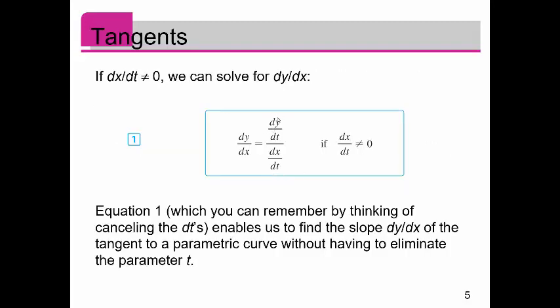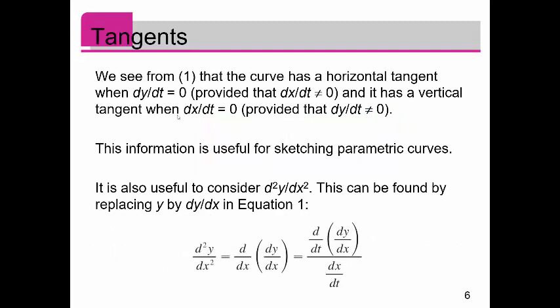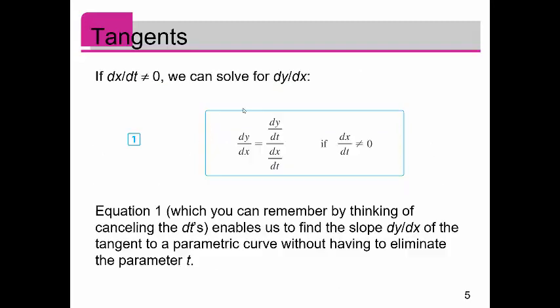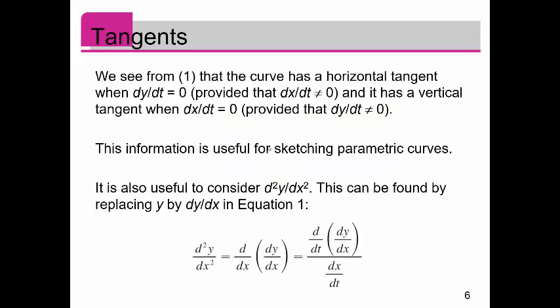So when the top, dy/dt, equals 0, you have slope 0, that's a horizontal tangent line. And there's a vertical tangent line when dx/dt equals 0, or when the bottom equals 0. Whenever you divide by 0 here, you can't have it, so you're going to have that vertical tangent line. That's what you remember from Calc 1. This information is useful for sketching parametric curves. We'll see that later on.